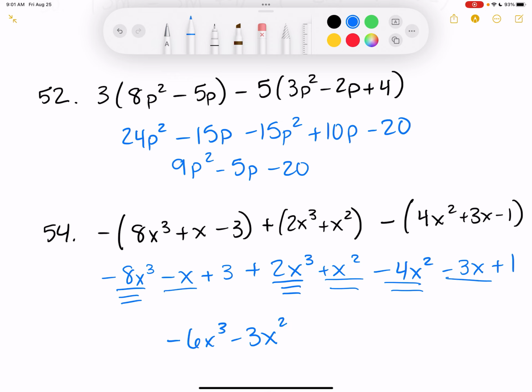Then my x's, I have negative x minus 3x, that's minus 4x. And then I'm left with just my constants, which is 3 plus 1, so that's going to be plus 4. You okay with those? Okay.